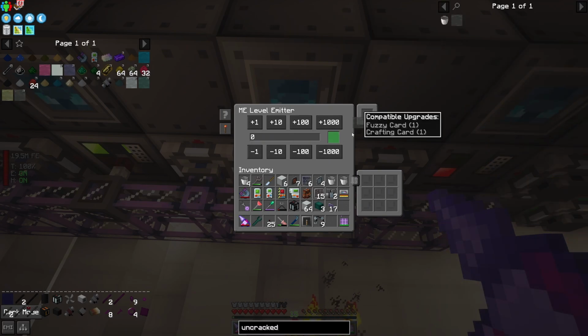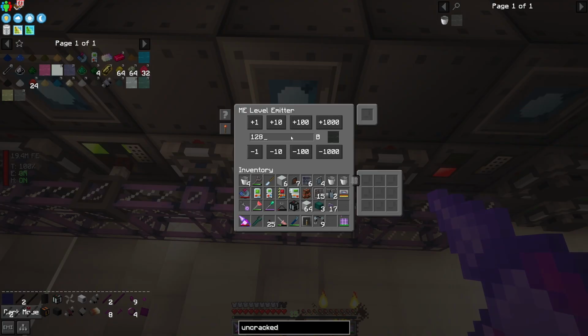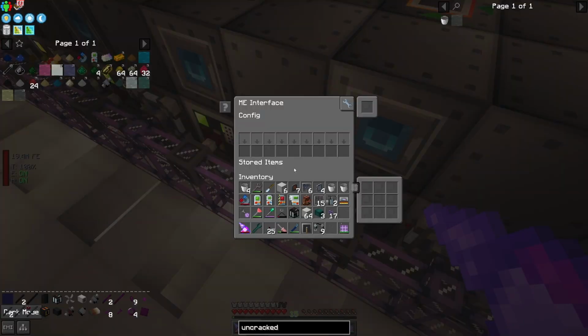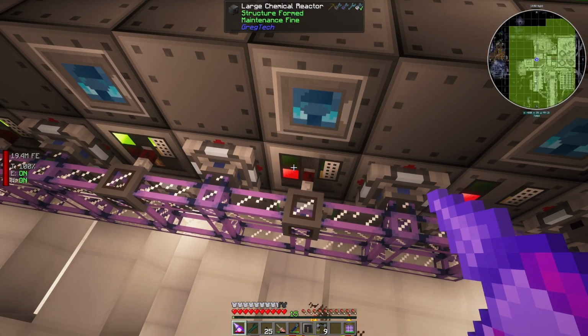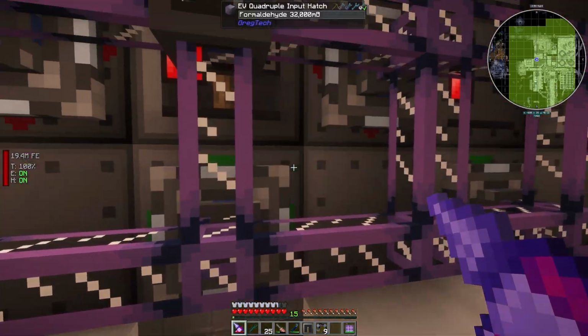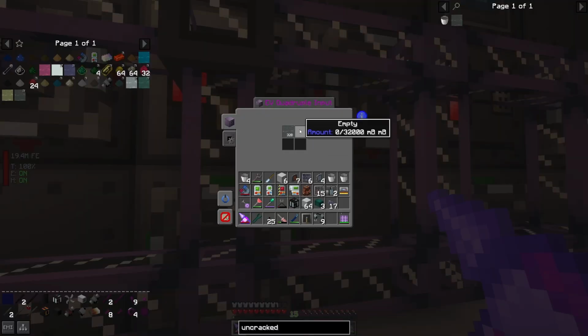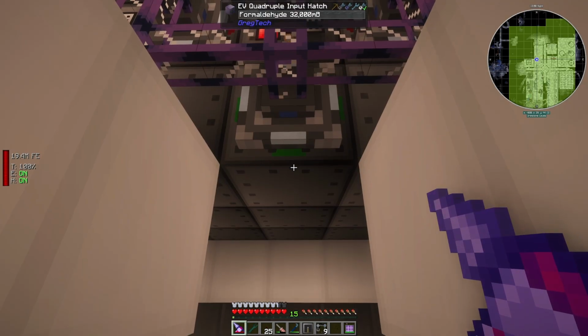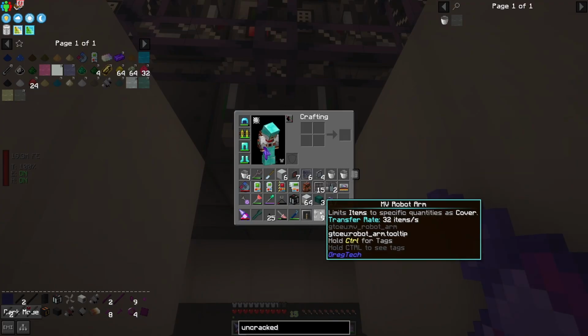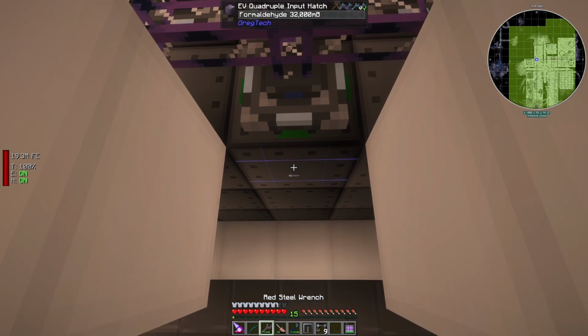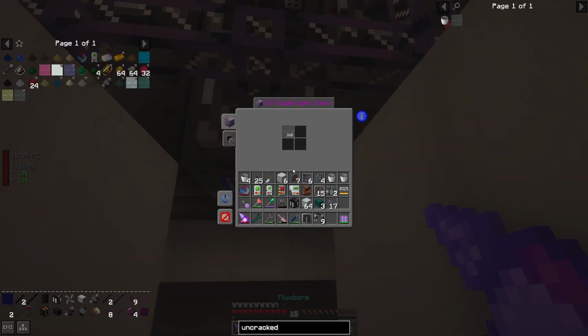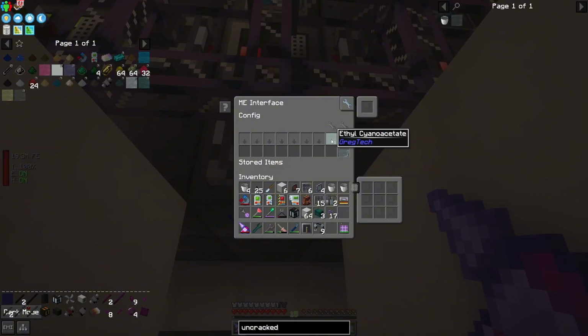Uncracked. Did it run out of...? Oh, it did it again, didn't I? Where's my wrench? There we go. All right, so ethyl cyanoacetate.